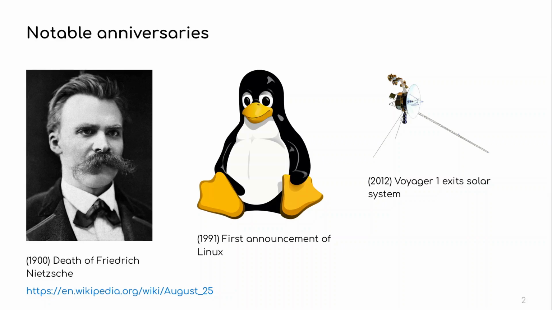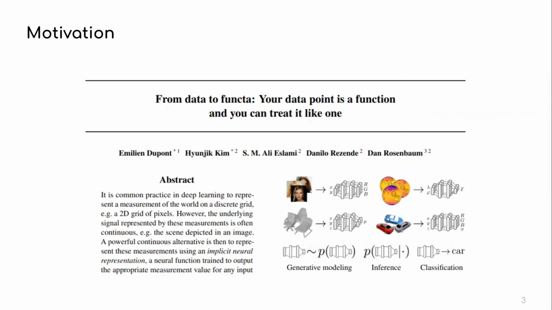So Linus Torvalds made the first announcement in August 1991, and I think on the 17th of September the first version of Linux came out. And finally, it's also the anniversary of the Voyager 1 probe exiting the solar system. So many interesting things seem to happen on the 25th of August. There's a bunch of them on the Wikipedia page.